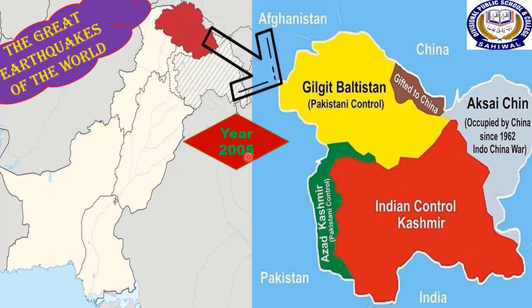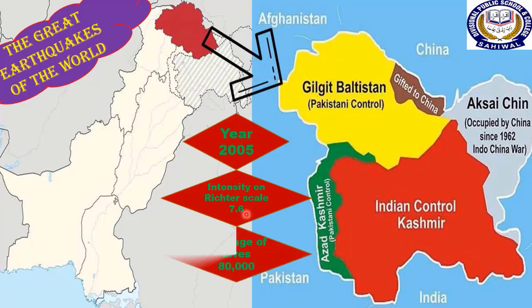Earthquake came here in 2005. Intensity on Richter scale 7.6. Wastage of lives 80,000 people. It shows 80,000 people lost their lives during 2005.